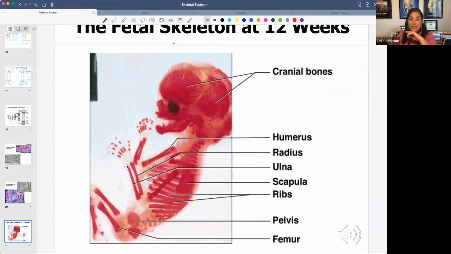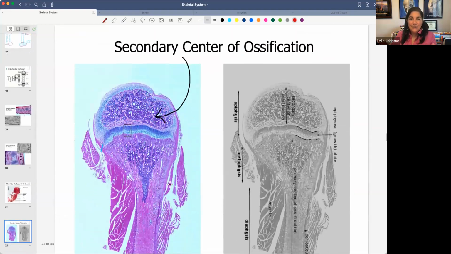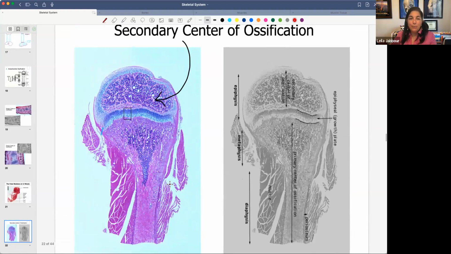You don't see epiphyses or the heads, you just see the shafts, because that's all we have at 12 weeks. We just have bones being put in place, but not the epiphysis yet, because we're far from birth. Secondary centers of ossification start right before birth.